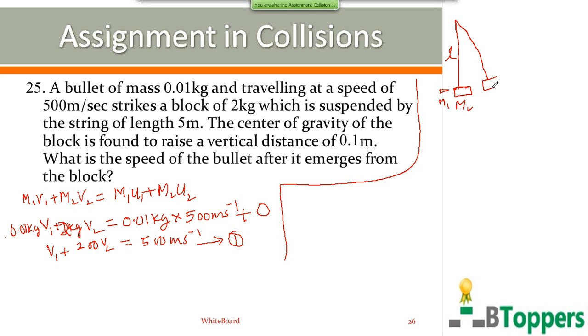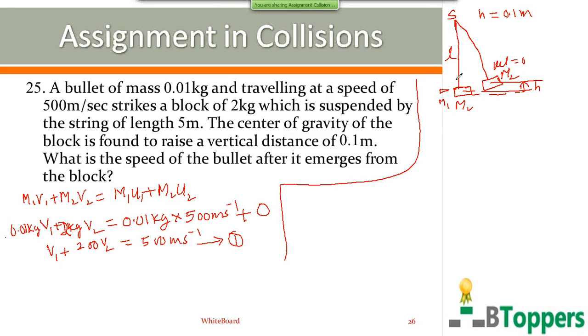After the collision, the block rises to a vertical height of h equal to 0.1 meter. The velocity of the block becomes 0 at the highest position for motion after collision.